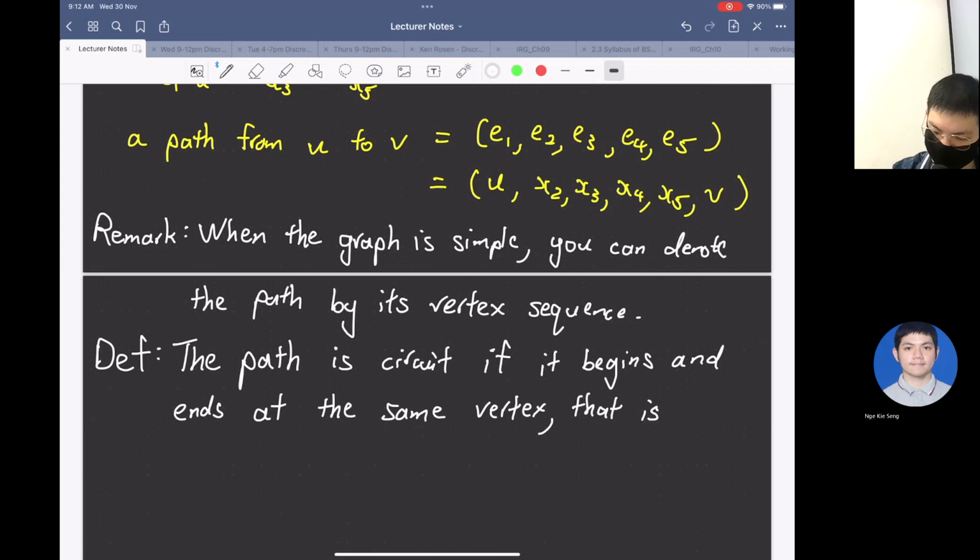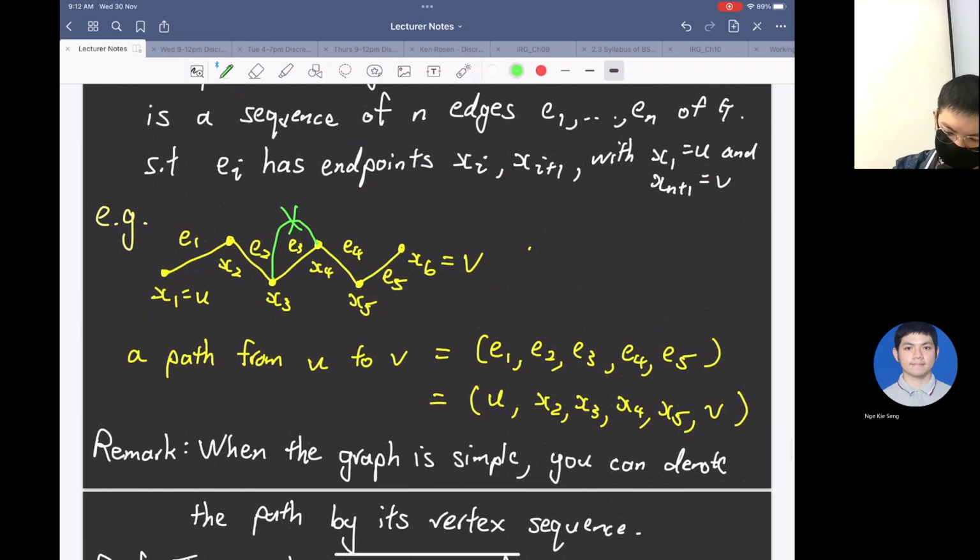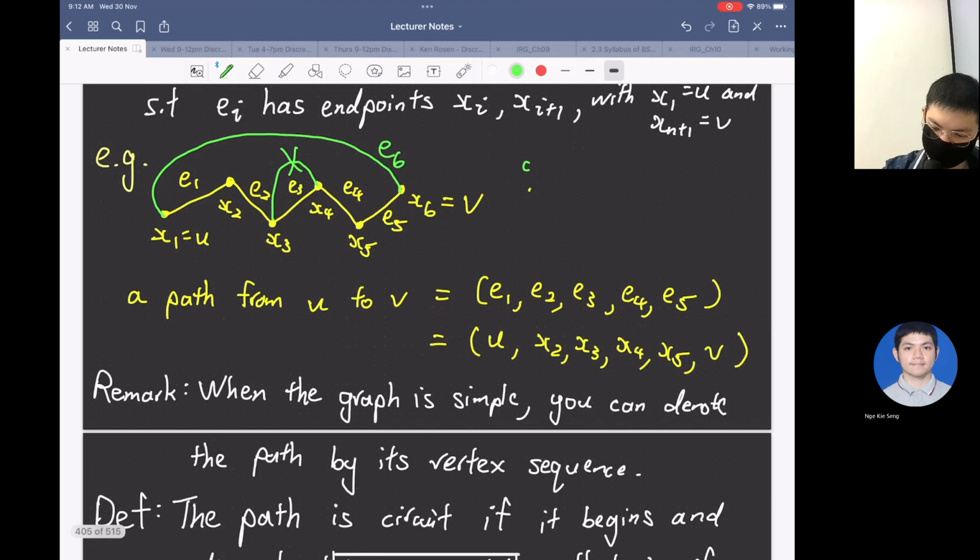So a circuit has length more than zero. For example, the circuit can be like this: e1, e2, e3, e4, e5, e6 is a circuit.